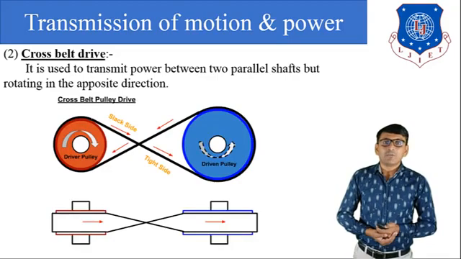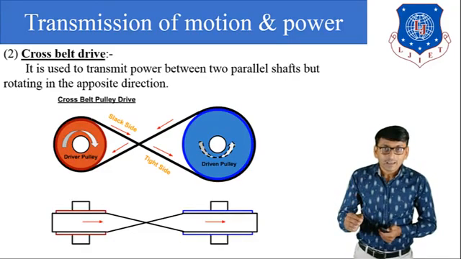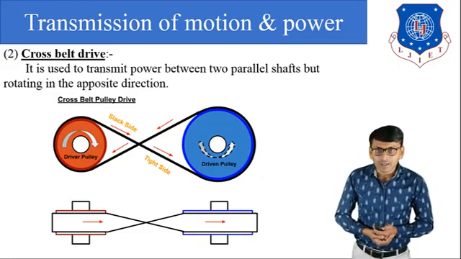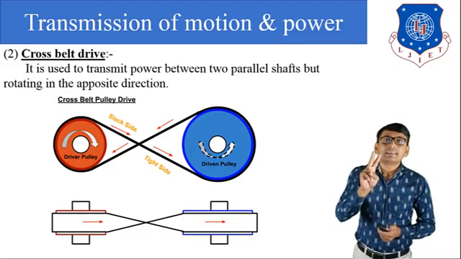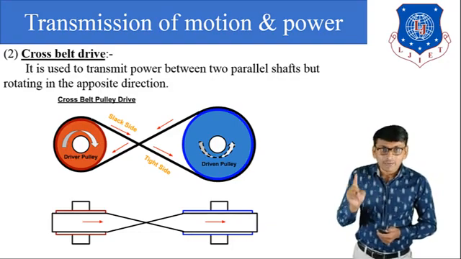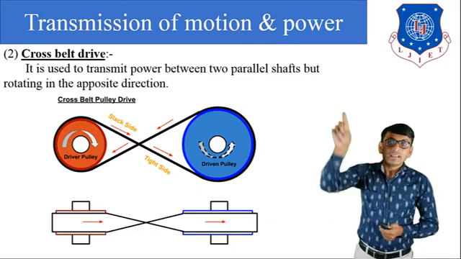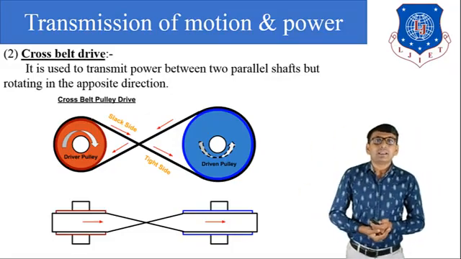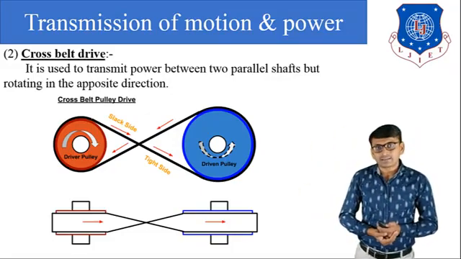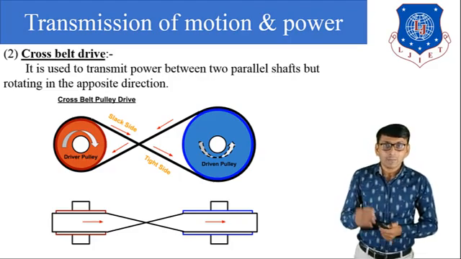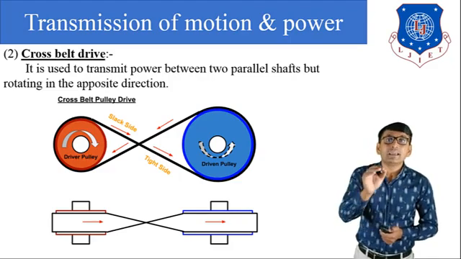So this is the diagram of cross belt drive in which there is a driver pulley in which one shaft is inserted and there is a driven pulley which is attached with the second shaft. On these two pulleys there is a belt. If the driver pulley rotates in clockwise direction, the driven pulley rotates in anti-clockwise direction. Both rotate in opposite directions.